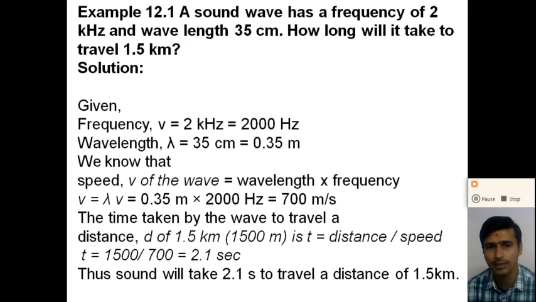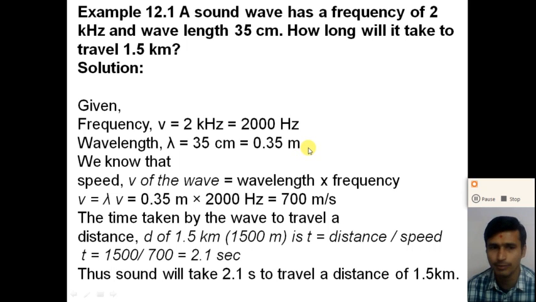So 35 centimeter is 35 divided by 100, that is 0.35 meter. So the given data is: frequency of the sound wave is 2 kilohertz, that is 2000 hertz, and wavelength lambda is 35 centimeter, that is 0.35 meter.